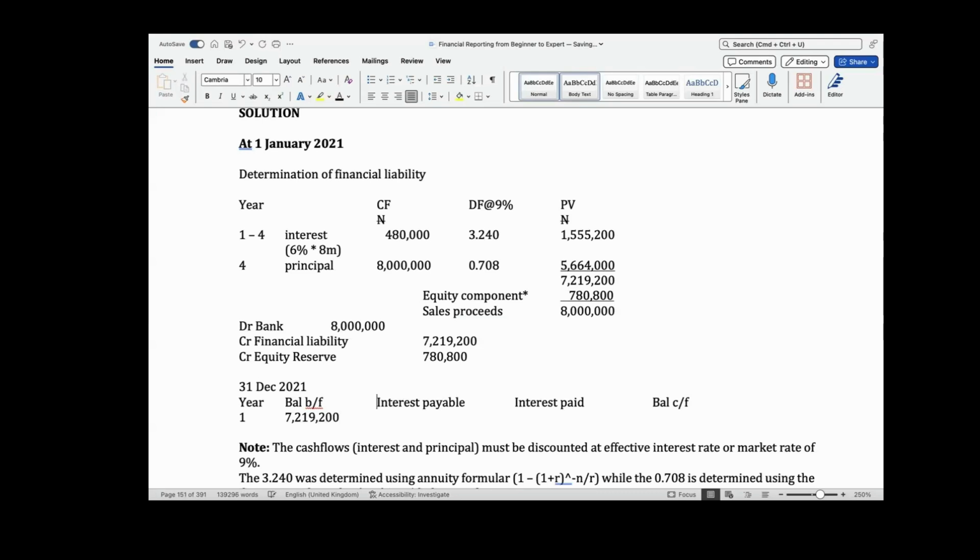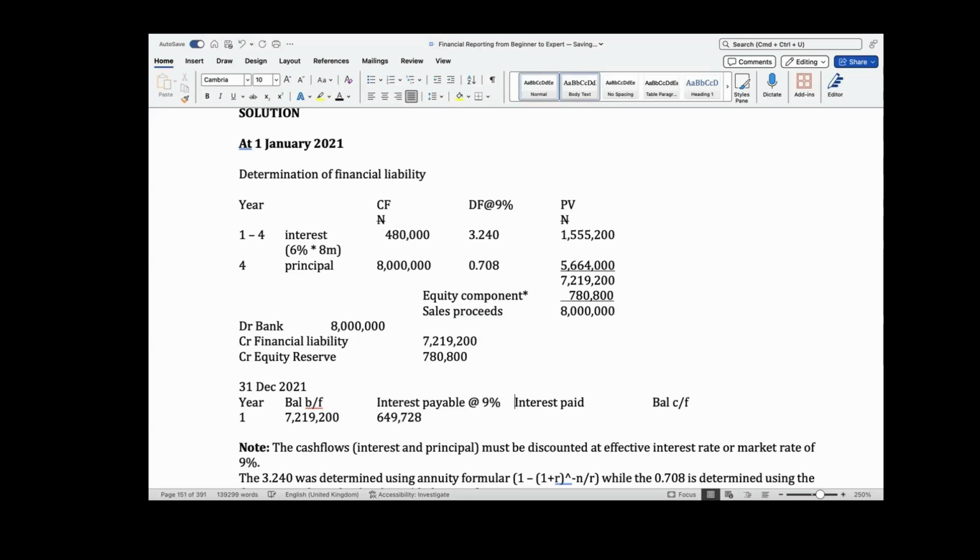the liability. The interest payable at 9%. Does anybody have a calculator there? What's 9% of 721,900? Anyone with a calculator? 649,728. Okay, 649,728.